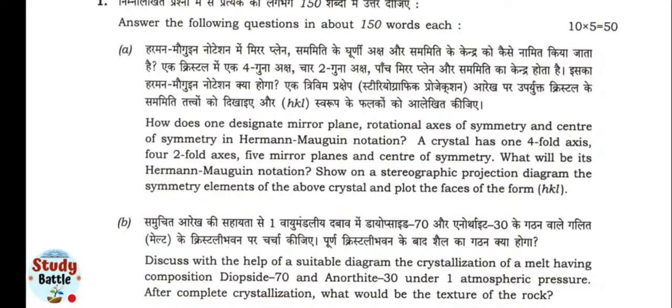It's not necessary to have butter paper to orient the axes. On plain paper you can draw the crystal and plot the faces of the form, like the form {hkl}.